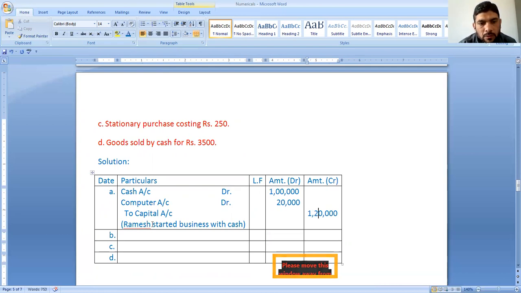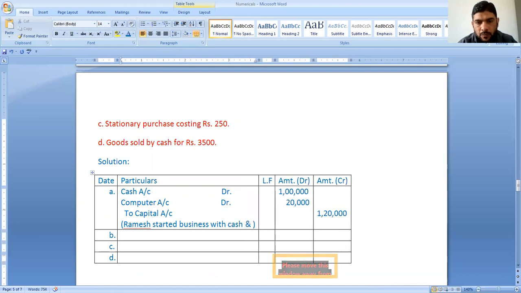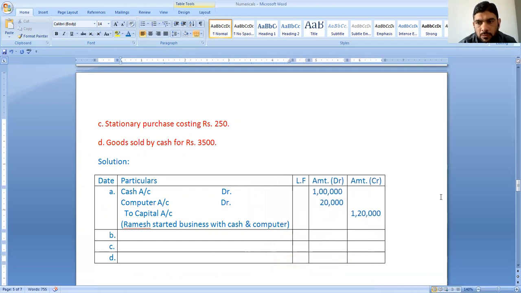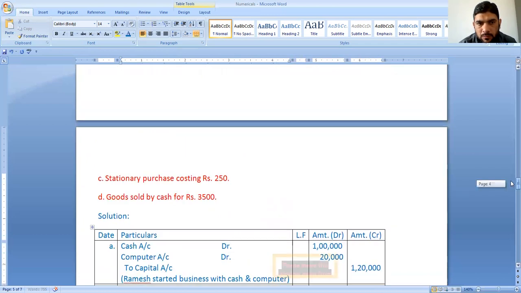So we may write here Ramesh started business with cash and computer.